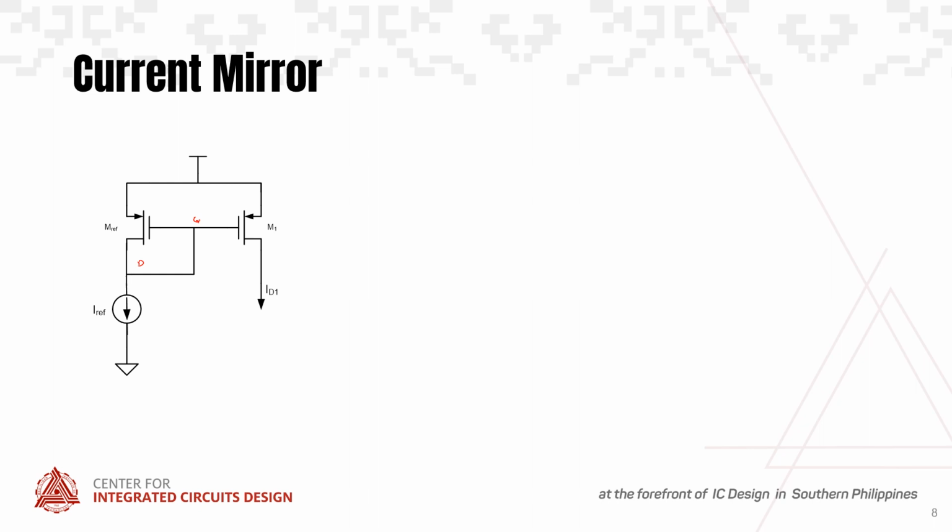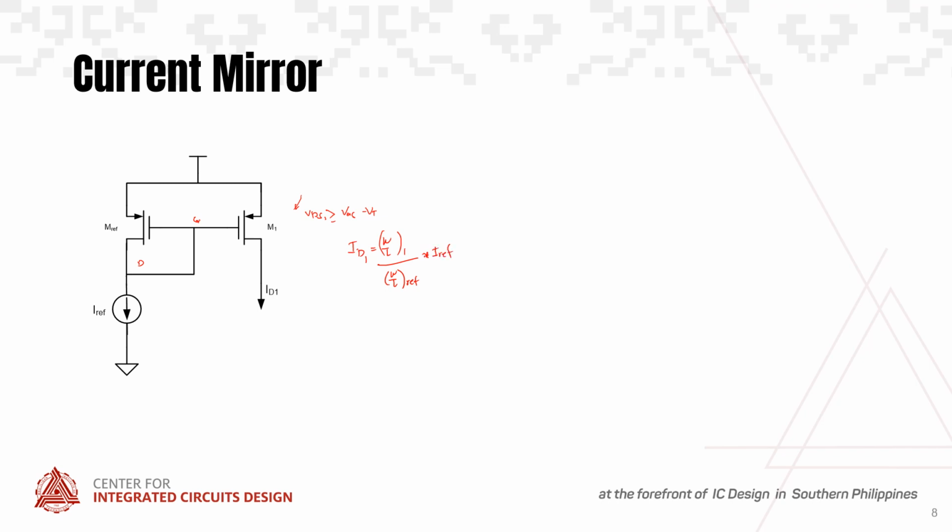What we need to make sure for it to work is that our M1 must be in saturation. So VDS1 must be greater than VGS minus VT. And the ratio of the drain current is the same as earlier in our NMOSFET. ID1 is equal to W/L1 over W/L ref times Iref.